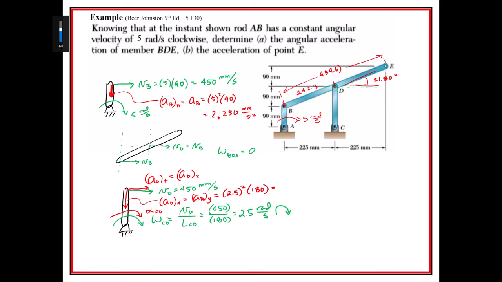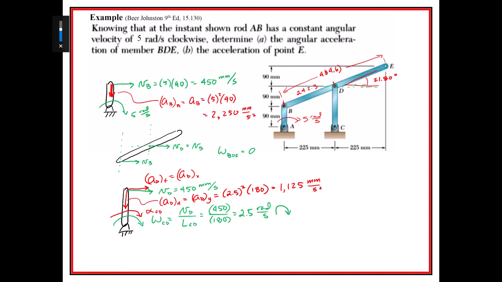That's the length of CD. And what we end up with is 1,125 millimeters per second squared, right? The math works out because it's twice the length and 1/2 of the angular velocity. It just turns out to be 1/2 of the normal acceleration.